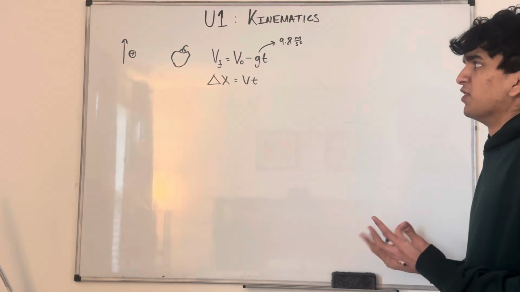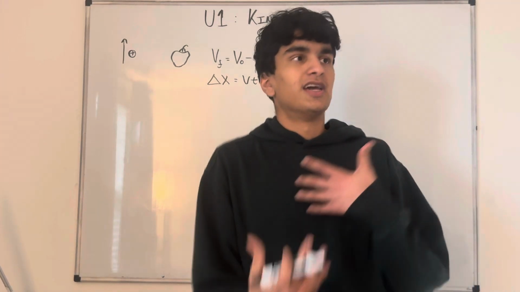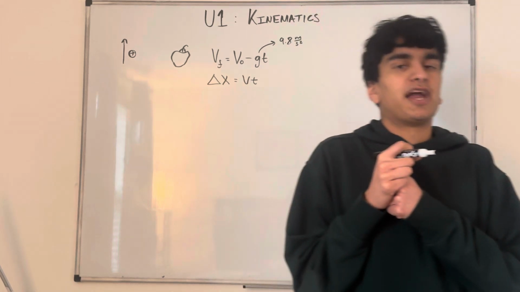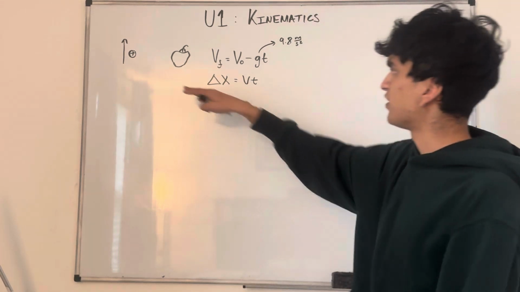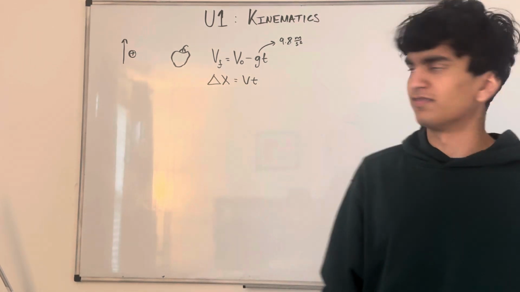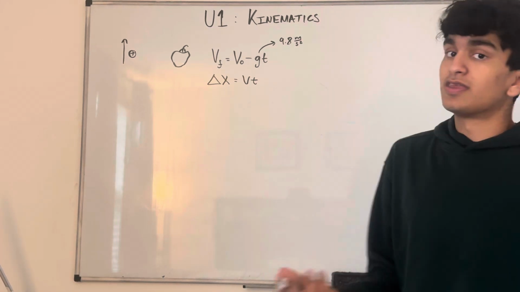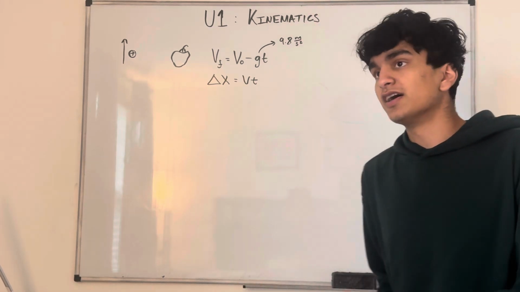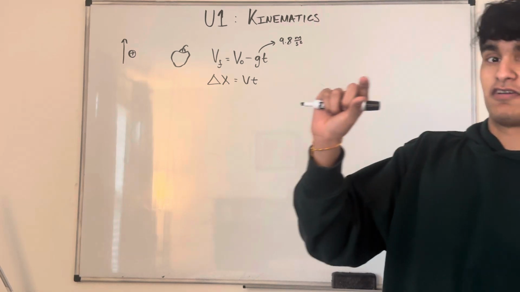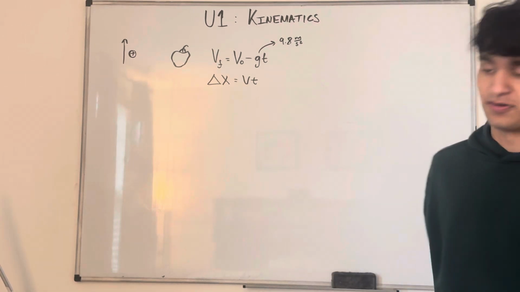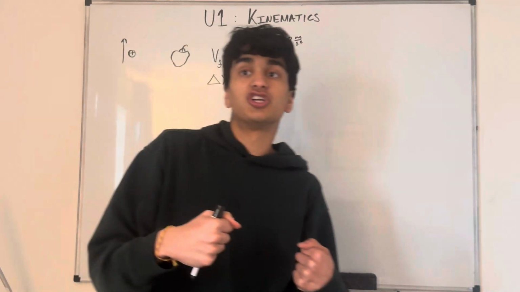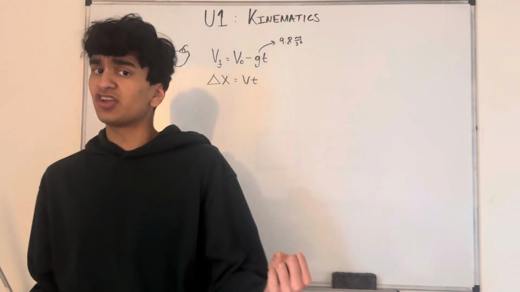This only works, though, if you're moving at a constant velocity. For something like a falling apple, it's not moving at a constant velocity. It's moving at a changing velocity. But if you think about very, very small time intervals, in those intervals the object's motion is essentially constant velocity.